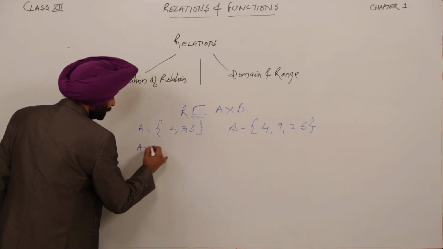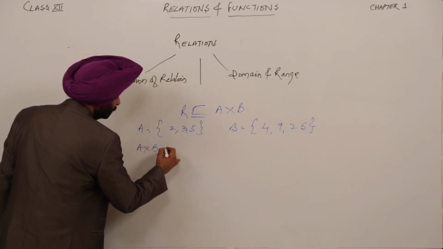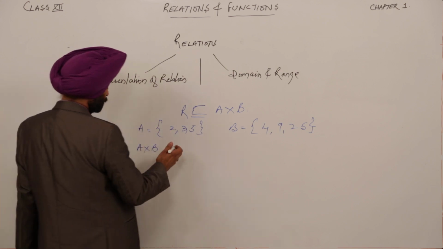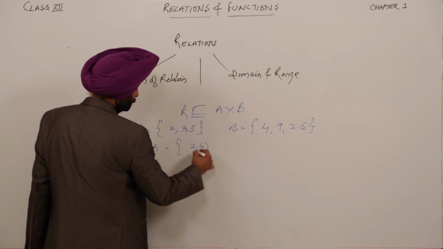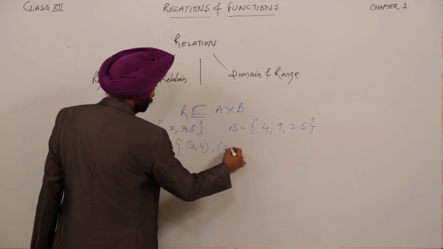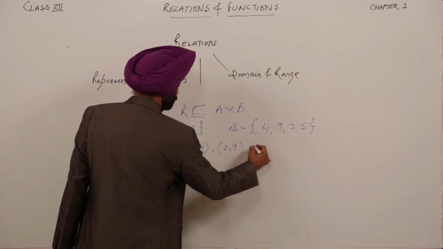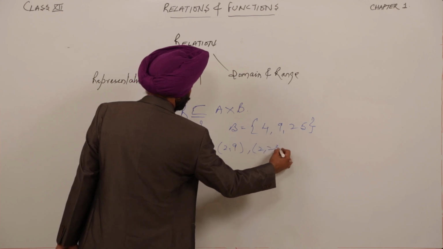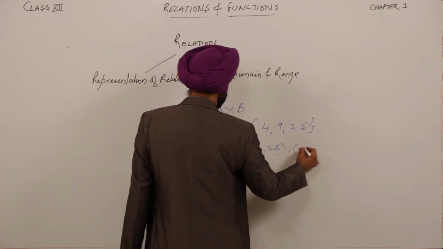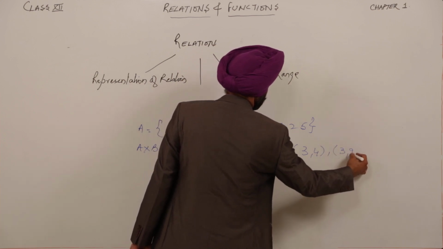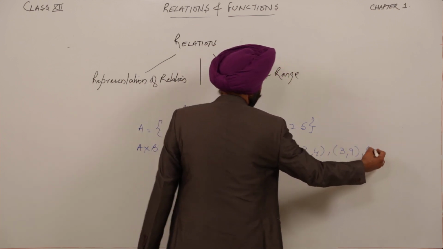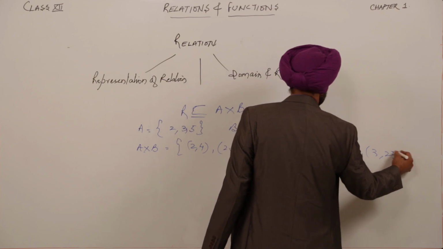Now we write the ordered pairs from set A to set B. We have 2 with 4, 2 with 9, 2 with 25. Similarly, 3 with 4, 3 with 9 and 3 with 25.